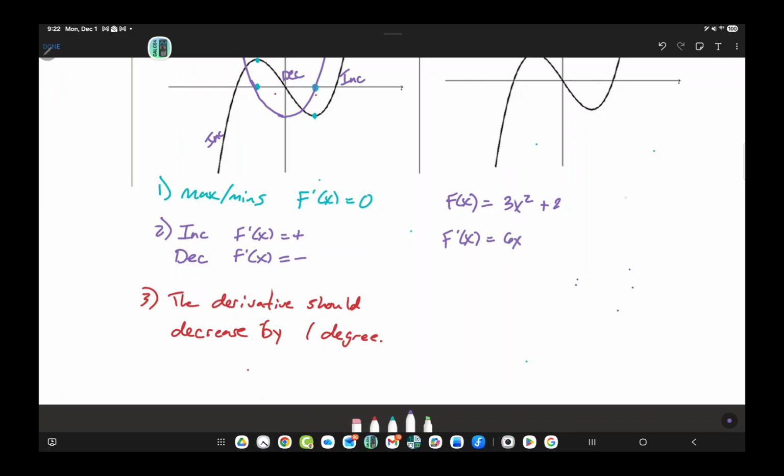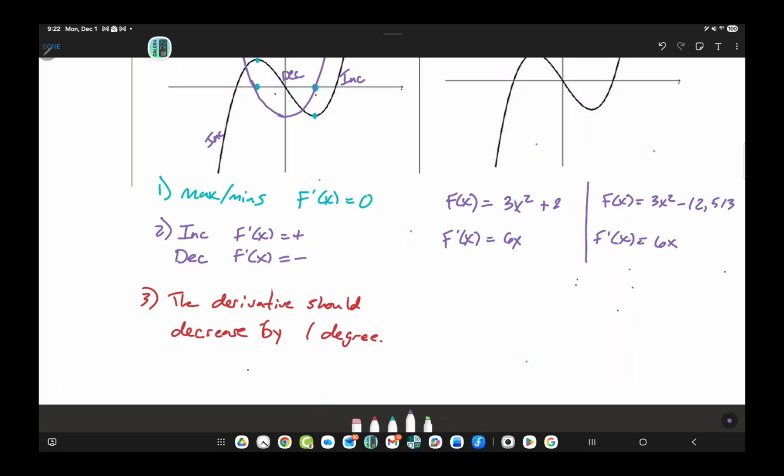If we have f of x equals 3x squared minus 12,513, what is f prime of x? 6x. Do you see the issue that we have? We don't know the y-intercept. We don't know the constant that's going to occur.